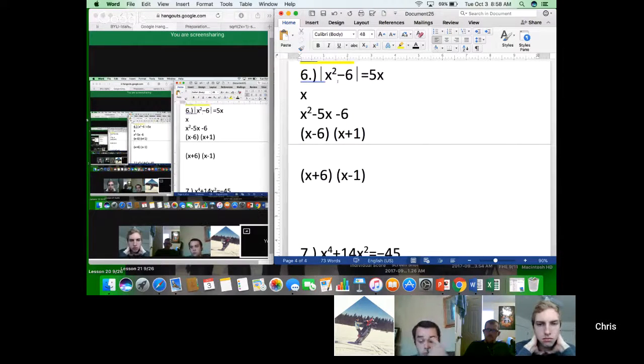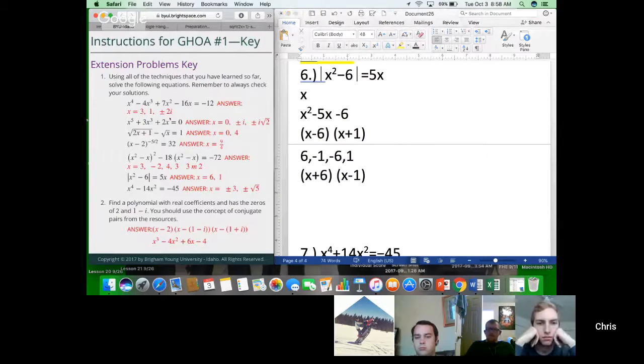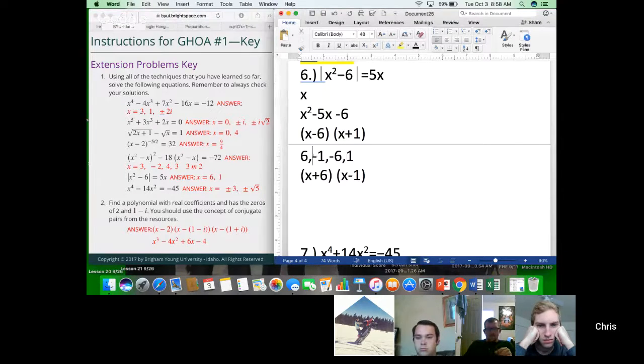So we have a 6, negative 1, negative 6, and positive 1. And that is just 6 and 1. Interesting. Oh, duh, because there are no negative values in an absolute value. That's what that is.